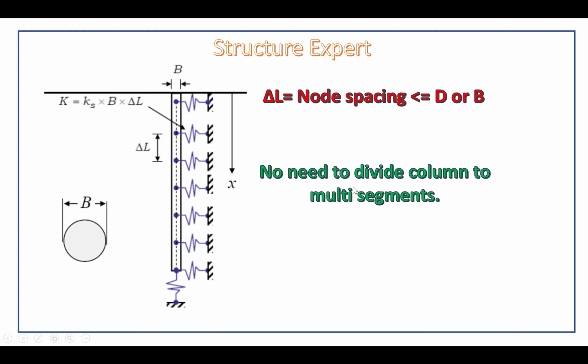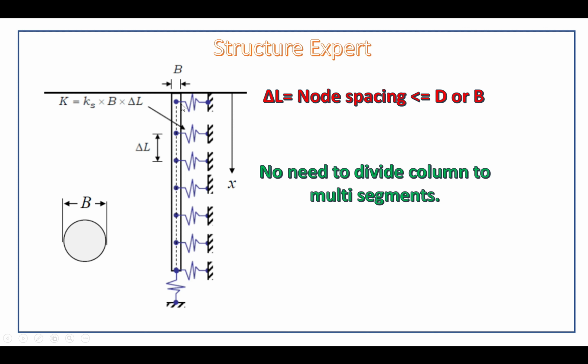You do not need to divide the column into multiple segments. In this case, you do not need to divide your bored pile into 10 or 5 segments. So you can use node spacing in software. ETABS also can use node spacing, and GAD Critic Design also can use node spacing. And we will show you how to use that option.